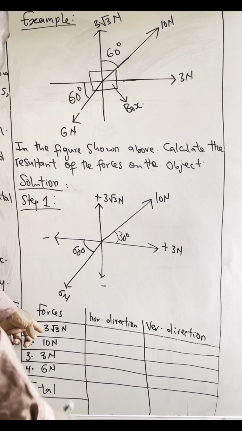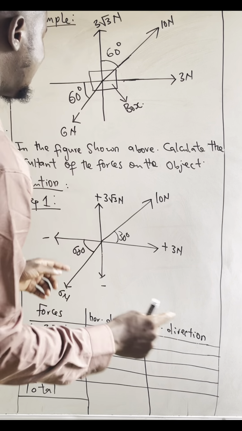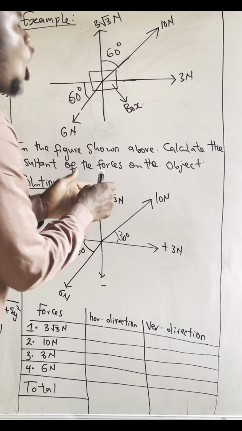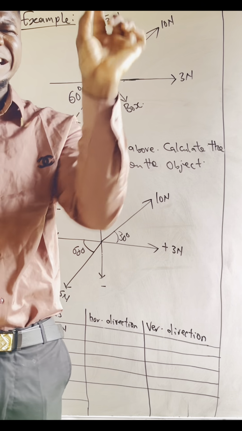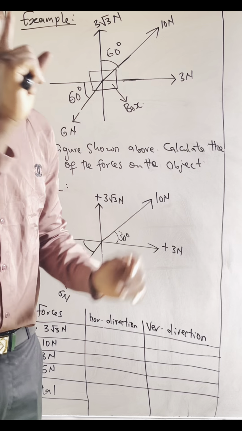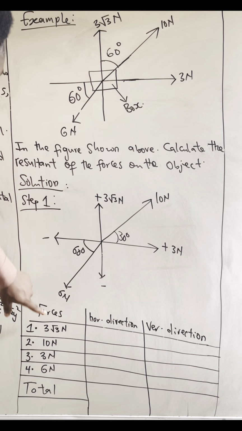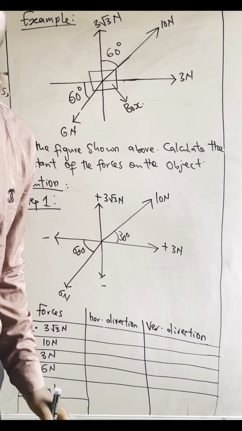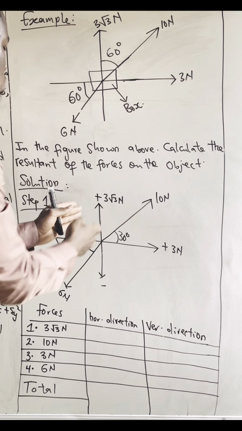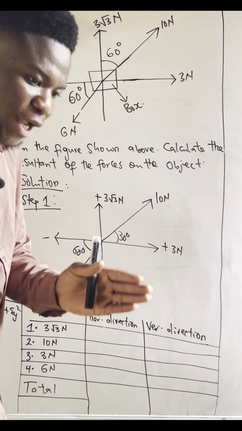Now, guys, look at this. The first force we have here is root 3 Newton, because this root 3 Newton is going only in the vertical direction. It is going only upward. It has no horizontal direction. So this simply means that this root 3 Newton has only vertical direction. It is going upward directly.